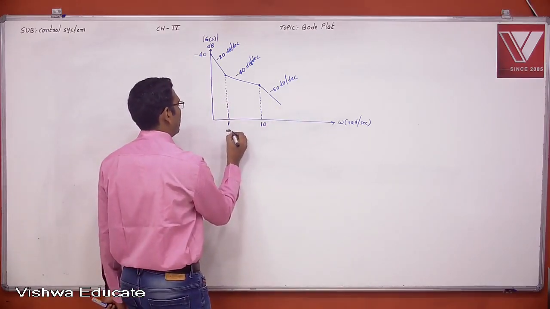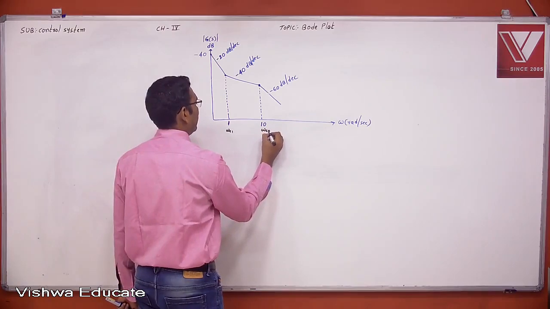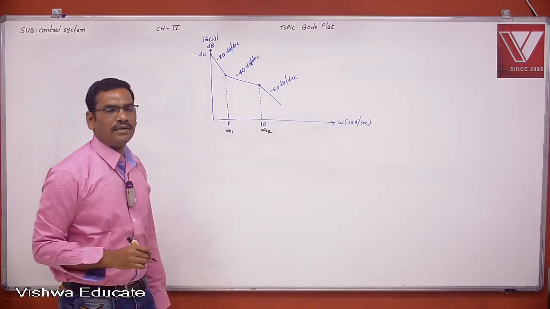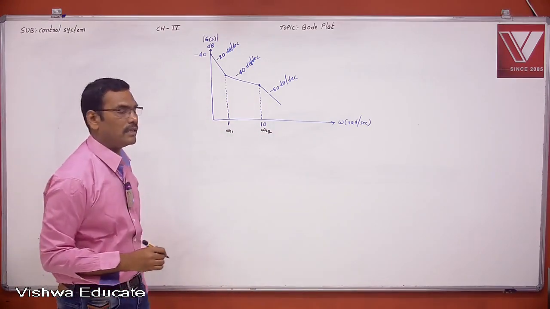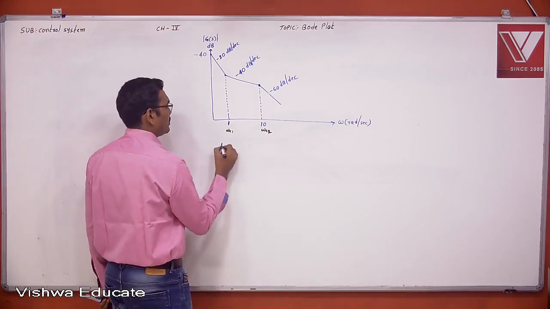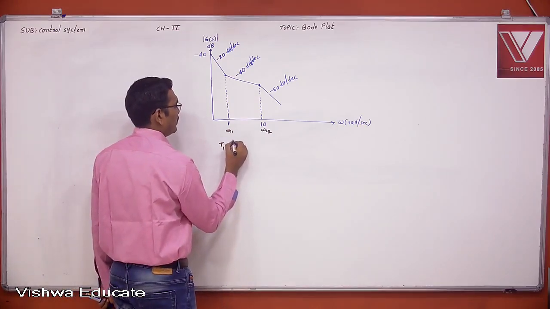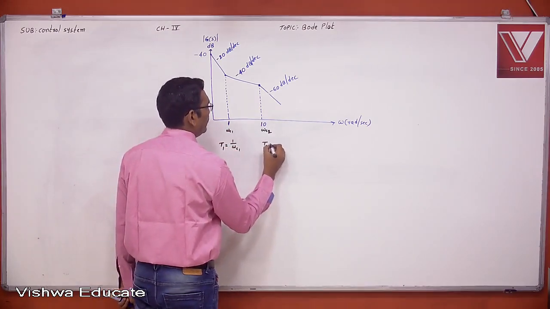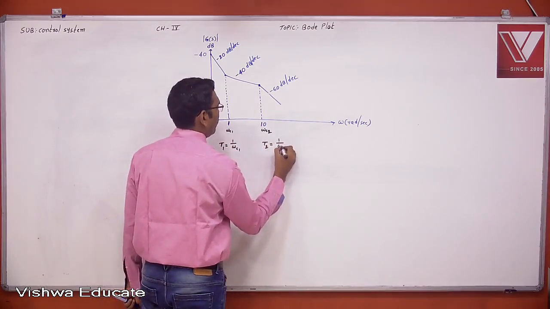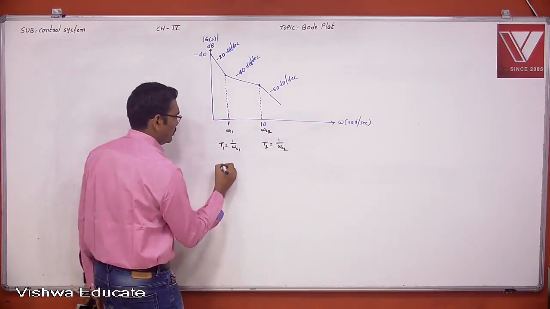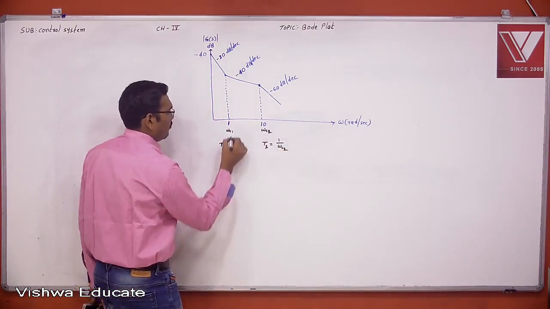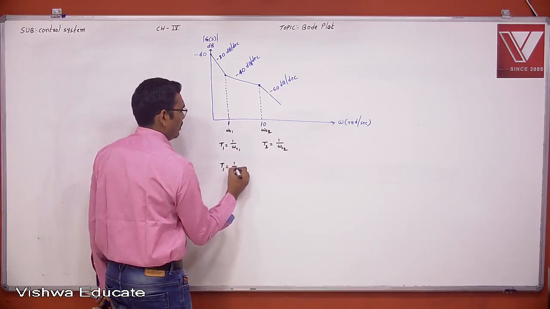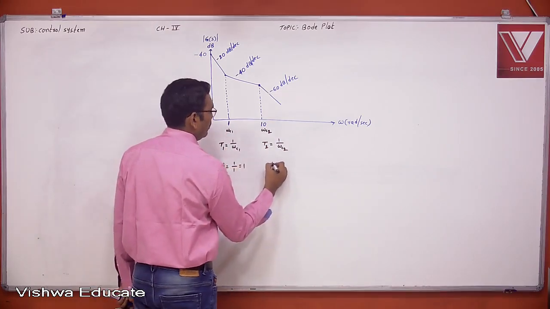Now these are the corner frequencies in ascending order. This is omega C1. This is omega C2. You know that corner frequencies and time constants are always inversely proportional. Therefore T1 is 1 by omega C1, and T2 is 1 by omega C2. So T1 is 1 by 1, which equals 1.